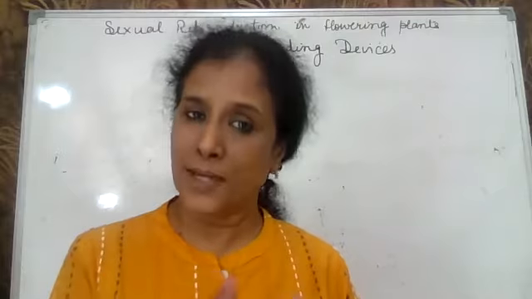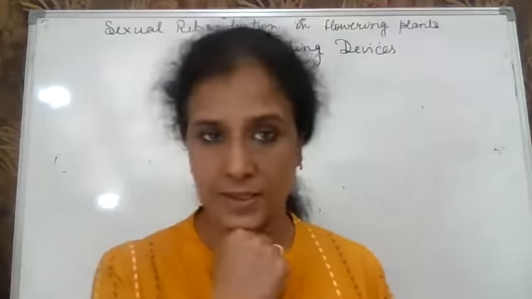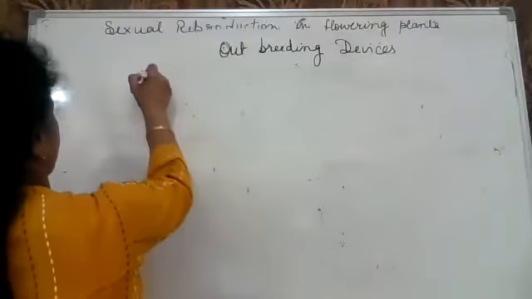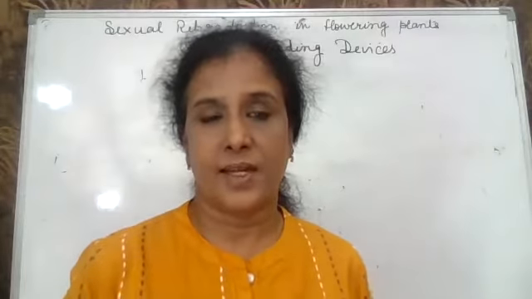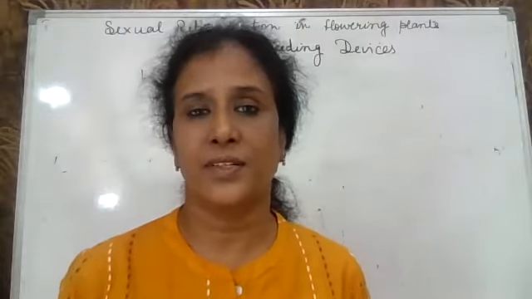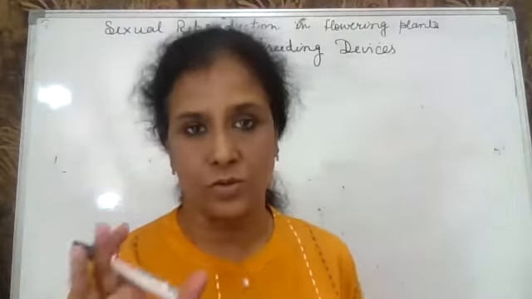There are many such devices in flowering plants. Number one, pollen grain and stigma receptivity is not synchronized.